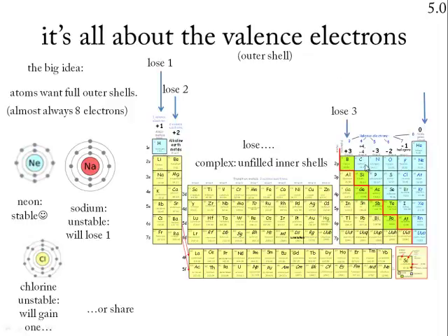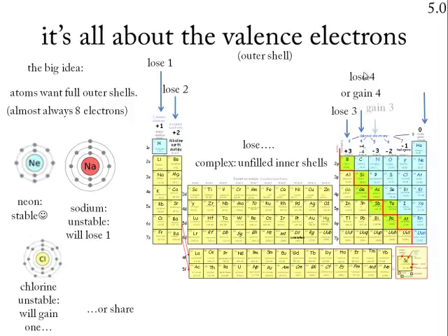Now here you are right at the cusp. These group 4s, carbon, silicon, etc., they're going to either gain 4 electrons or lose 4 electrons. Either way, they complete that outer shell or they gain a filled inner shell. So their reactivity is a little bit less predictable. There is another option that they will prefer to do, and that's the topic of another unit.